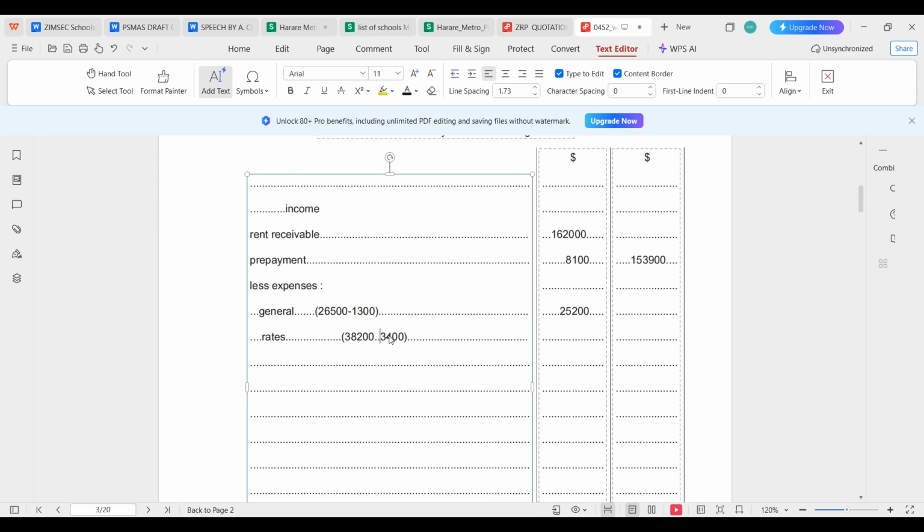If we add these, what do we get there? 38,200 plus 3,400. So we have 41,600. So we actually added that accrued rate. So that adjustment is done. And then we go back and look again for another expense.